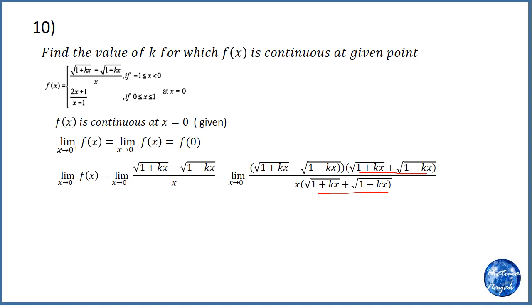Now you will simplify the numerator. What will you get? 1 plus kx minus 1 plus kx, so it will be 2kx. And here this x will be cancelled with this x. So what will be left? 2k, and in place of x you will put 0. So it will be 2k by 2, it is k.